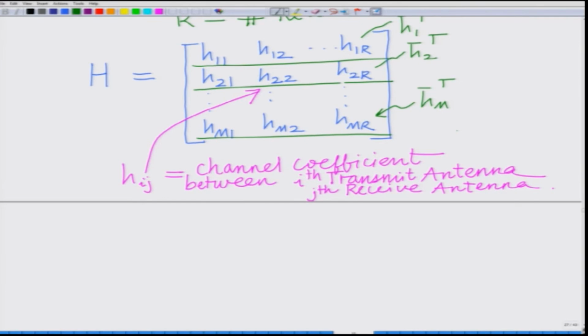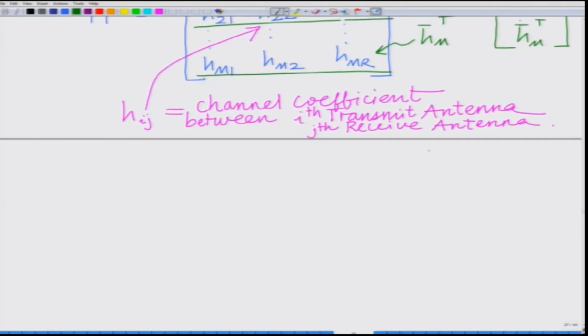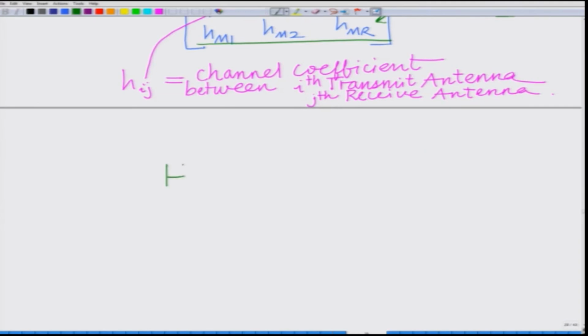So, I can write H as a collection of m rows: H1 bar transpose, H2 bar transpose, up to HM bar transpose, alright. This is a collection of m rows.